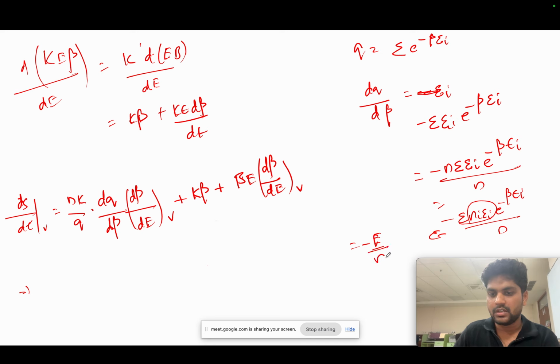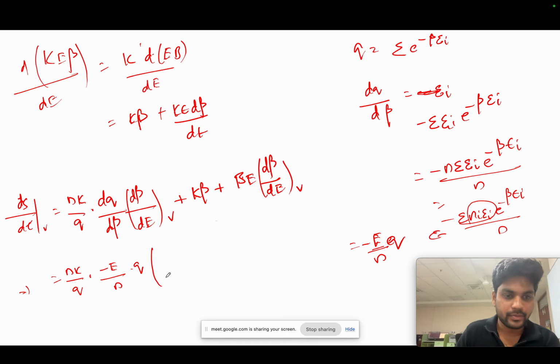So this term will become minus E by N into, this is nothing but the Q again, Q. So now this will become NQ by Q into minus E by N into Q, plus.